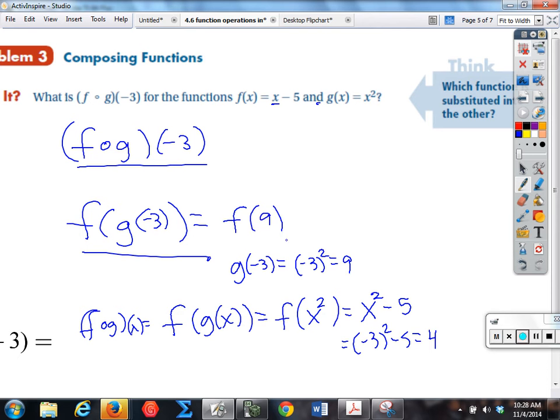So I guess it depends on how complicated it is to find this function, which way you will prefer to do. But you either plug it into the inside function, find the answer, plug it into the outside function, or find the composition and then plug it in. Okay, so you're getting composition, plugging functions into each other.